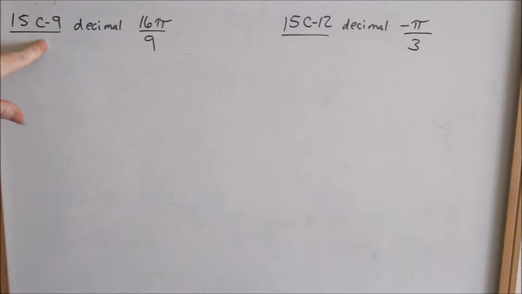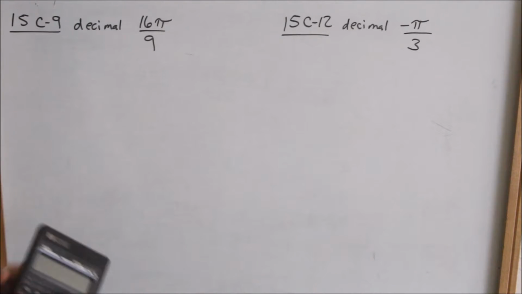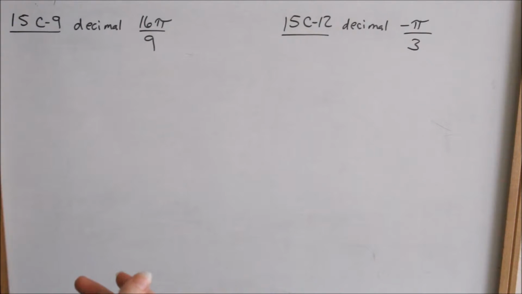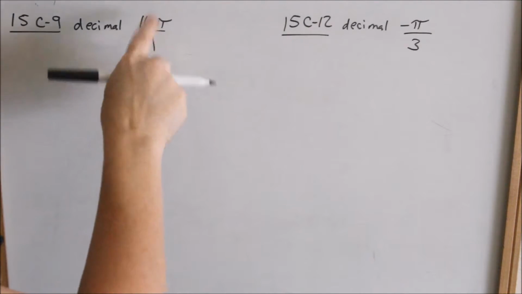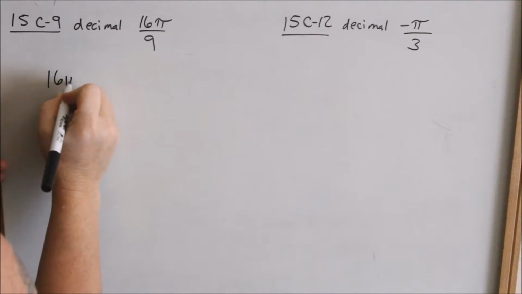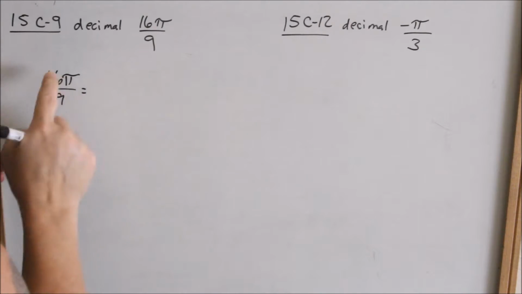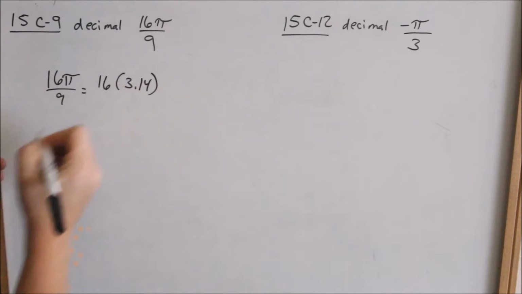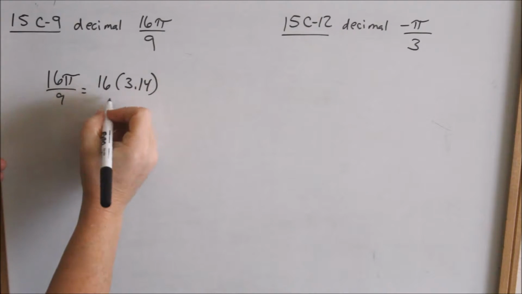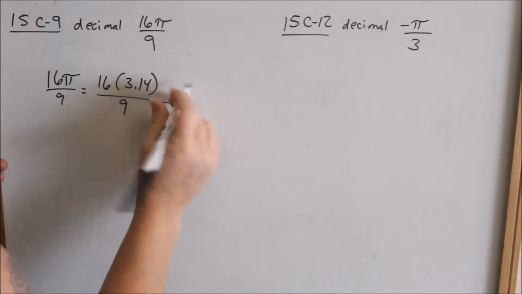15C9 correlates with 15C1. It says to put the decimal of the radian that we just calculated. So we need the decimal equivalent of 16 pi over 9. When you want the decimal equivalent, all you're doing is changing pi into 3.14. 16 pi means 16 times pi, so change pi into 3.14 and then divide it by 9.